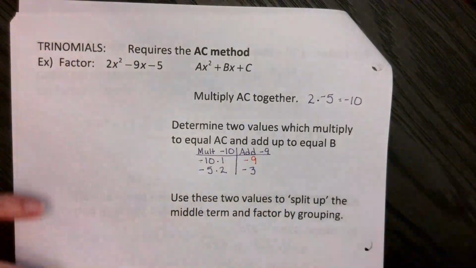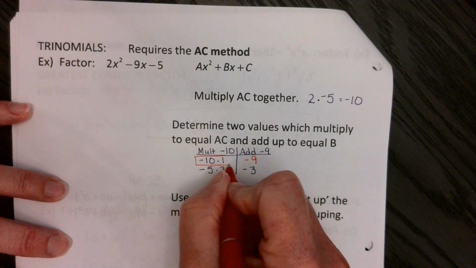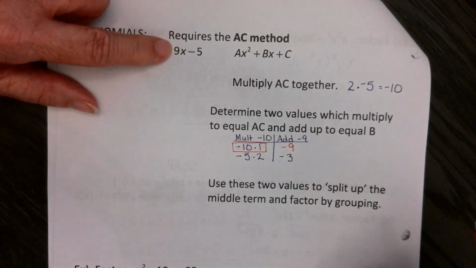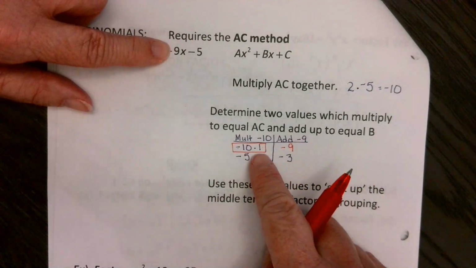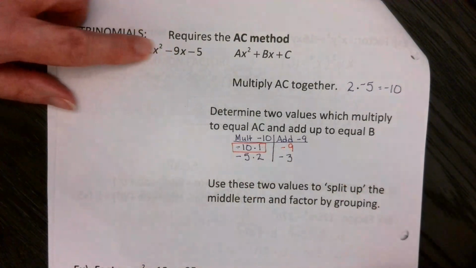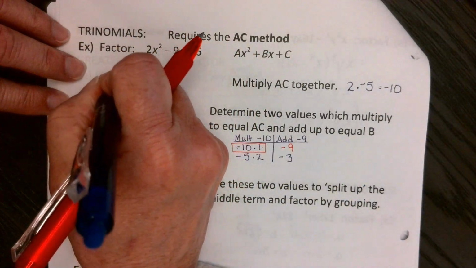Okay? So the two that we're going to use is this right here. Those two. So what we're going to do is take out this middle term and replace it with this of 10x and 1x. So I'm going to bring down my 2x squared.